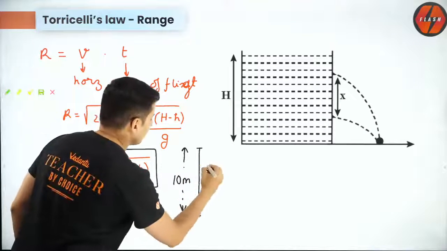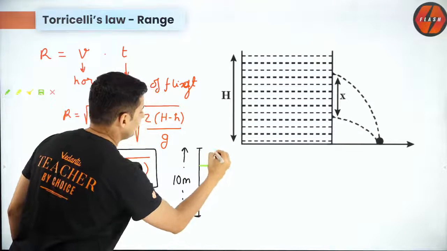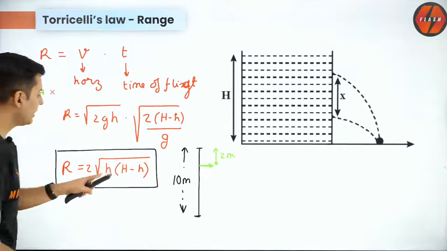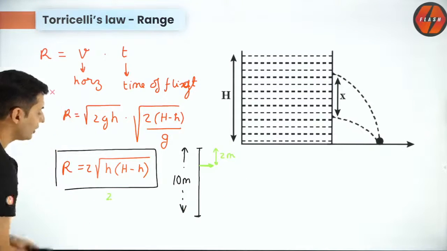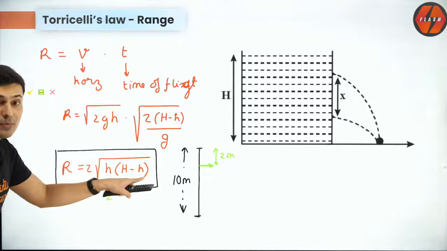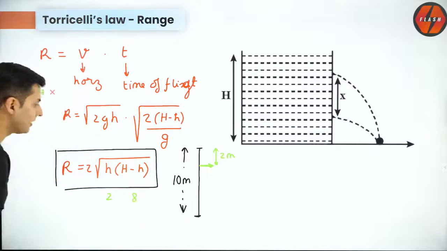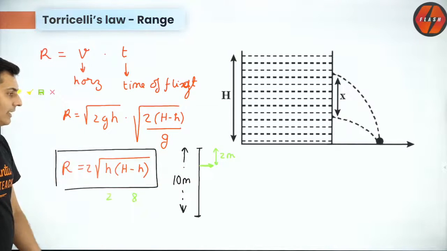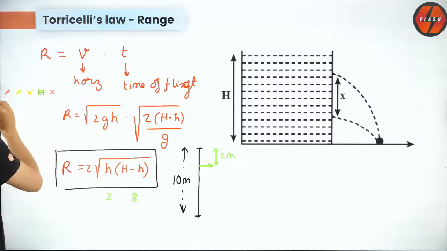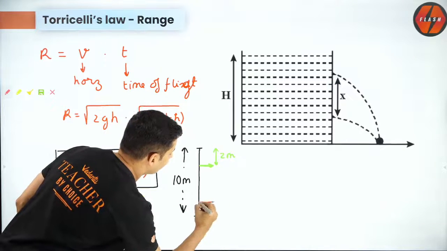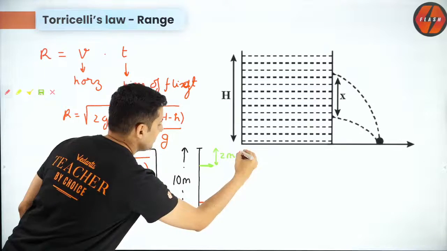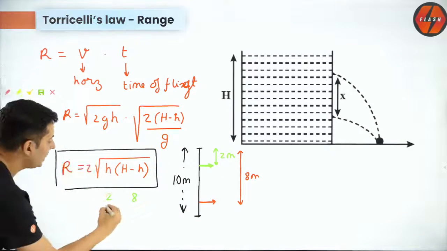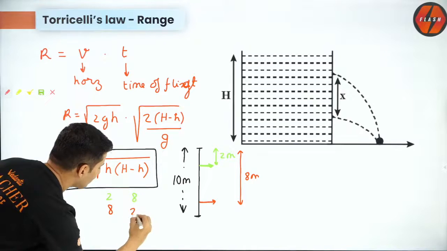If I drill a hole 2 meters from the top, then small h will be 2 and capital H minus small h will be 8, correct? But if I drill a hole 8 meters from the top, then small h will be 8 and H minus h will be 2.